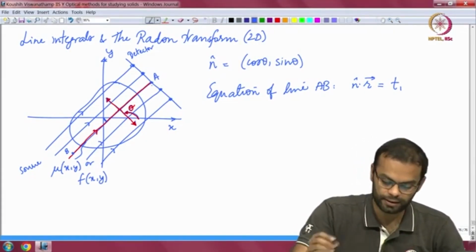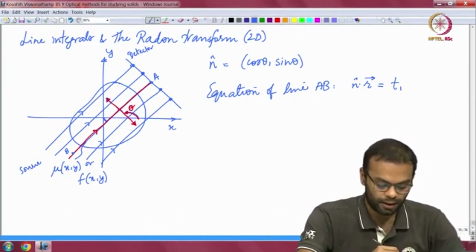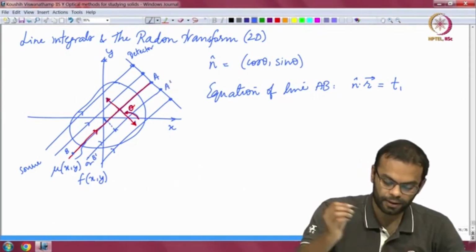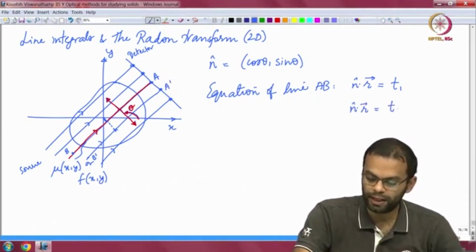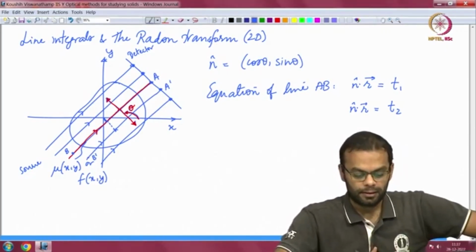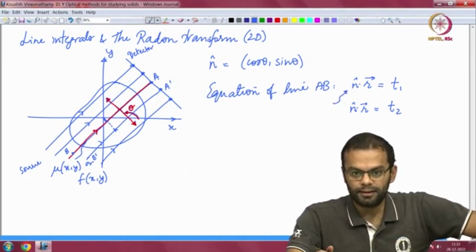So, this distance is at a point P1 at point T1. If you take the next one, the equation of this line B prime A prime is n hat dot r bar is equal to some T2, and remember there is an n here. So, the theta is implicit inside here.